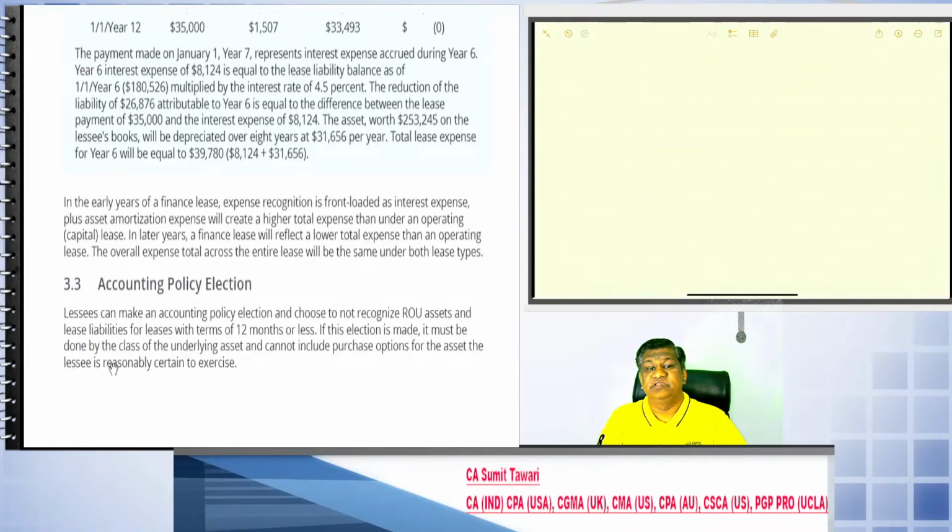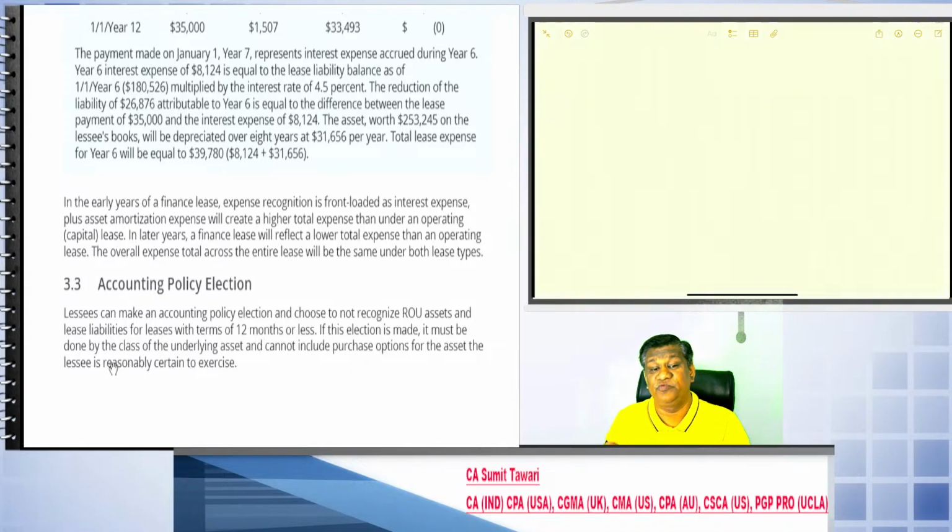Then accounting policy elections. So a lessee can make the accounting policy election and choose to not recognize ROU asset and lease liability for a lease with a term of 12 months or less. Means if it is an operating lease, they can decide not to recognize ROU and the lease liability. Anyhow, in a reporting period, it gets squared off. If the election is made, it must be done by the class of the underlying asset and cannot include a purchase option for the asset the lessee is reasonably certain to exercise.